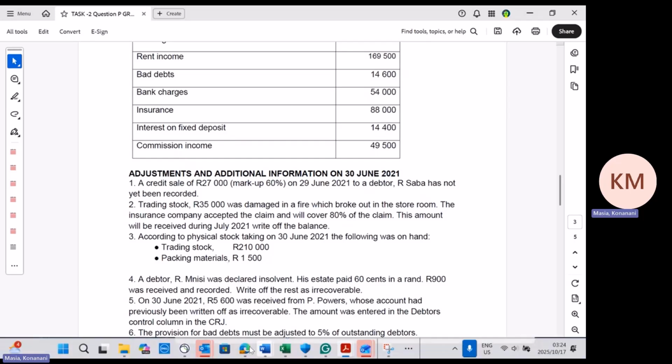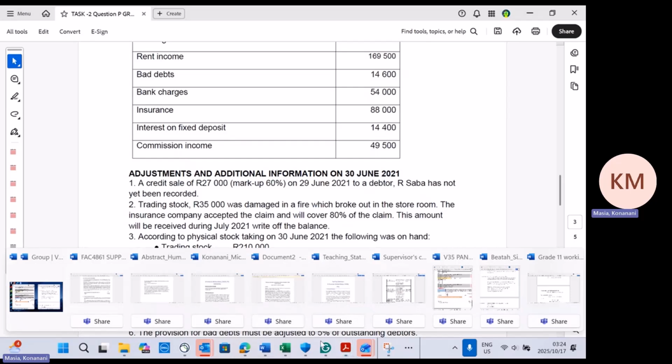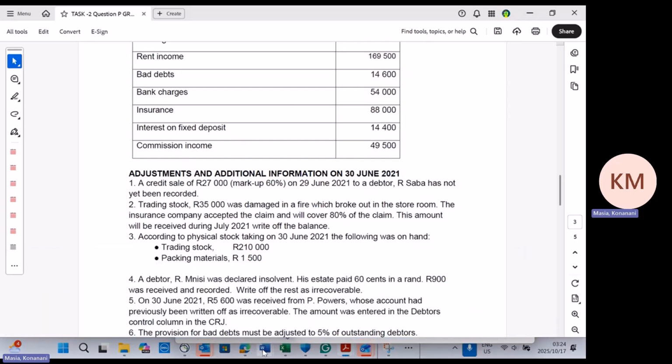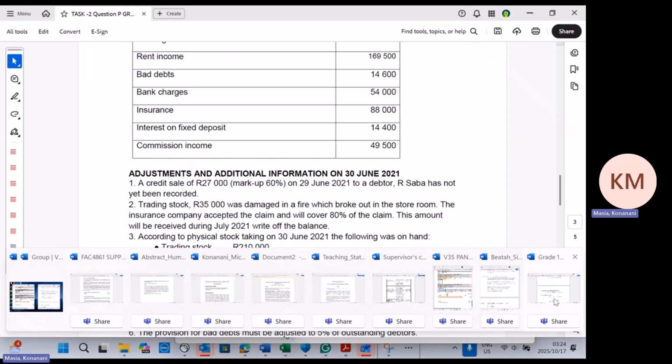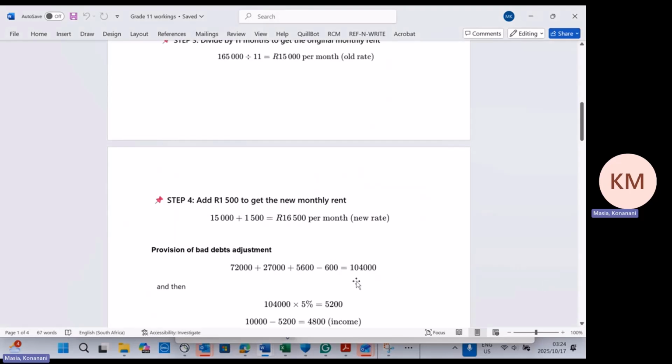Hence, you can see, let me go to my calculation so that you can see how I calculate this. As you can see, I've been told that 72,000 is provided from the trial balance, and 27,000 is the amount that is not yet recorded. Then I need to record it.